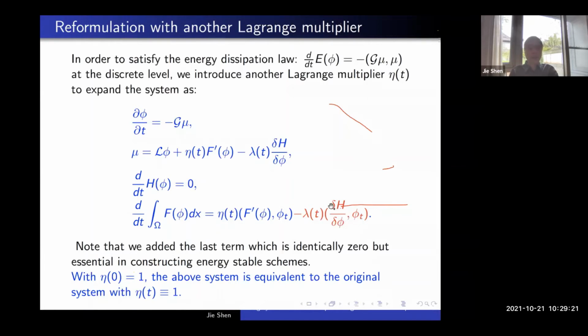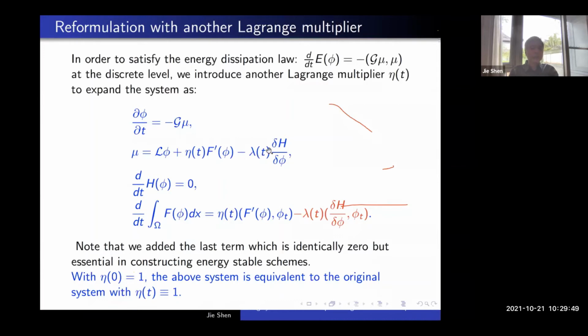And why do I need to add this 0 term? It's because when I discretize this equation, I need this term to balance this term, and I need this term to balance that term. So with eta(0) equal to 1, the exact solution of this equation has eta(t) identically equal to 1.